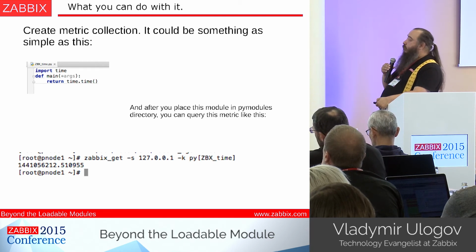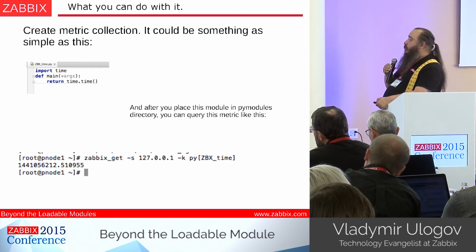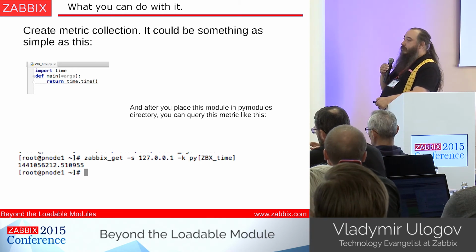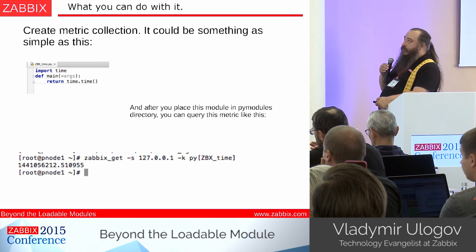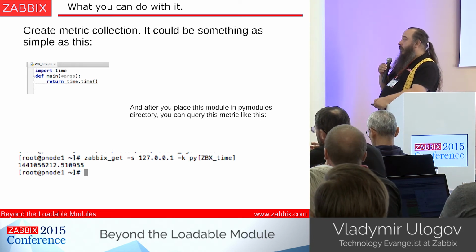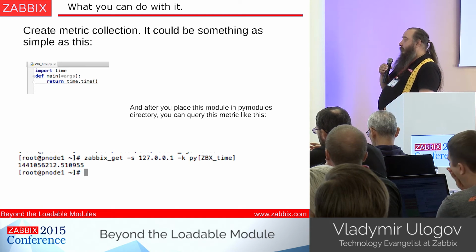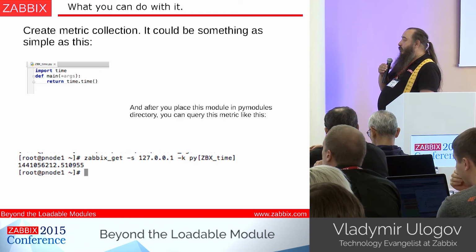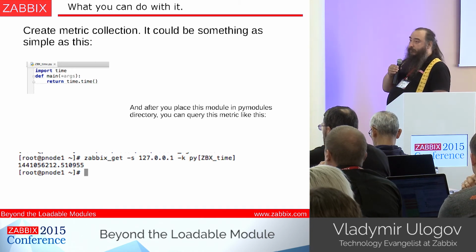And after you place this file in the directory PyModules, which is a subdirectory of where your loadable module is installed, and then you call your agent and pass the key py and zbx_time, this module will be called and you will receive the timestamp.